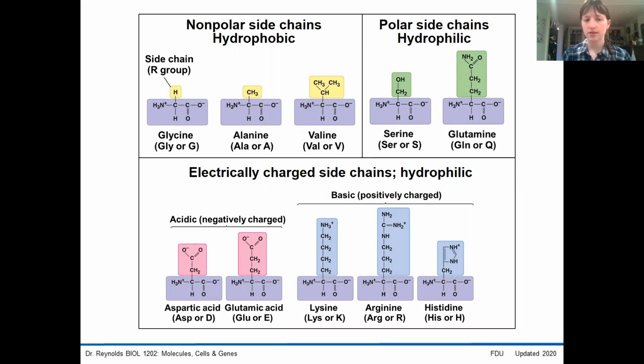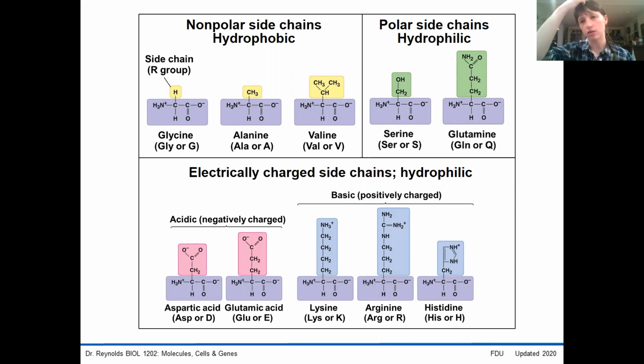a few things. The first is the basic structure of an amino acid. Because every amino acid has an amino group, a central carbon, and a carboxyl group, we do not consider this when we look at differences between amino acids. So what you need to do is cross off that component of the molecule.